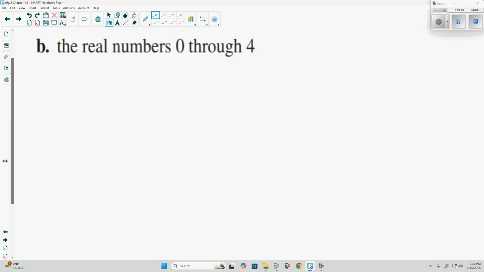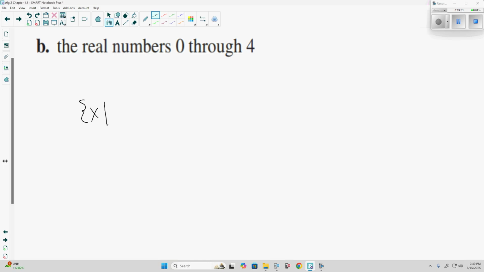There's so many numbers between 0 and 1. It's a Herculean effort to try to get all those, let alone trying to list all the numbers from 0 to 4. This one here, it's going to be better to use our set builder notation because we don't have to list every number between 0 and 4. This will do it for us.